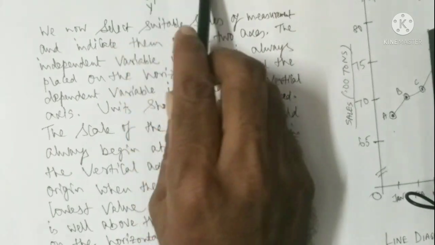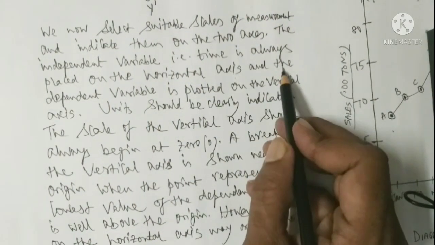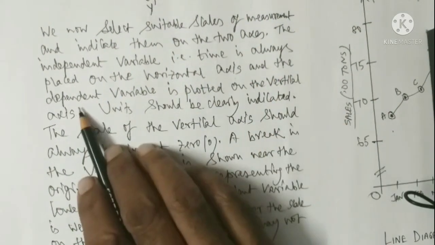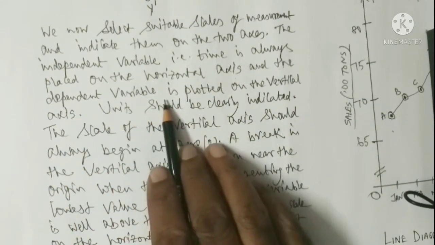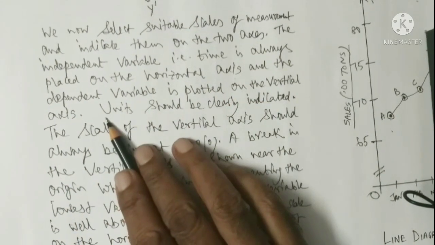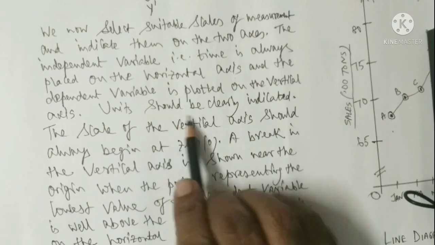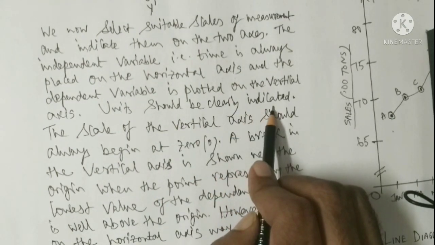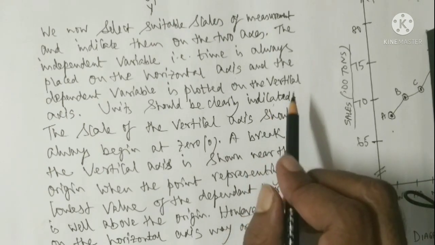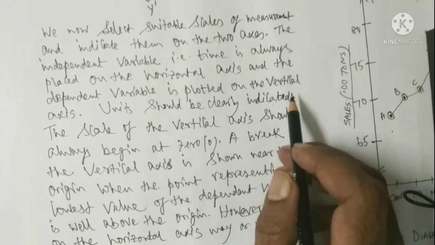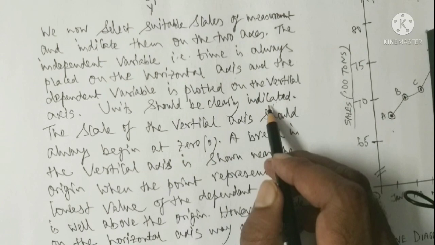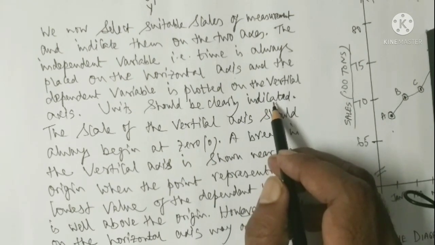This axis is used for time measurement, and the dependent variable is plotted on the vertical axis. Units should be clearly indicated. Units may be centimeter, meter, inches, pieces, everything. The time units may be day, weekly, monthly, and so on.